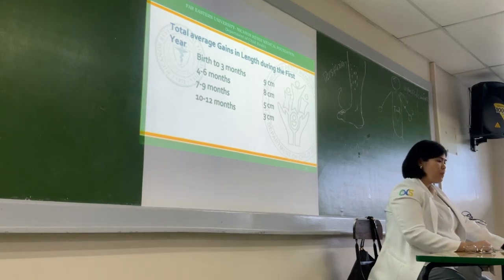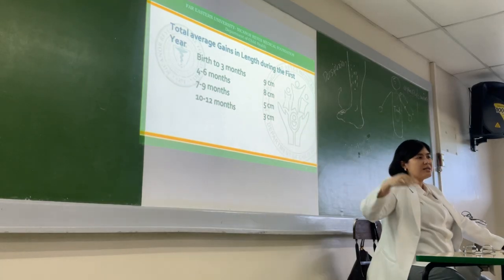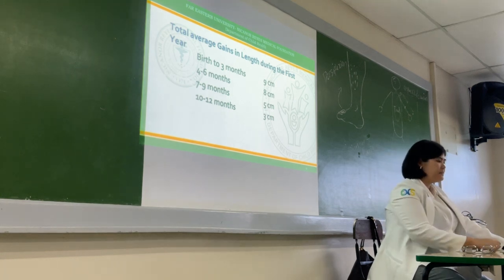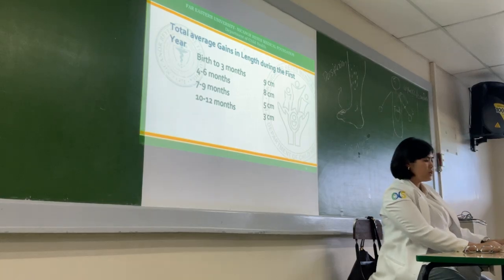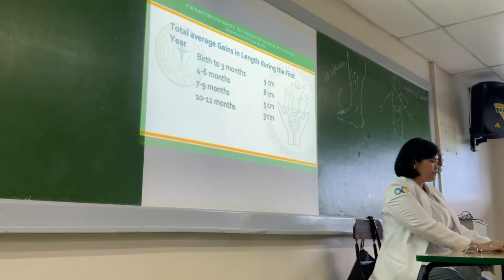Breaking it down, that's 2.6 centimeters per month. So this is total 9. So kung nasabi sa inyo 5 months, i-break down mo yan. Okay? 7 to 9 months, 5 cm or 1.6 cm increase in length. And then 10 to 12 months, 3 cm or 1 cm increase. Okay? So lumiliit na yung increase by the end of the first year.